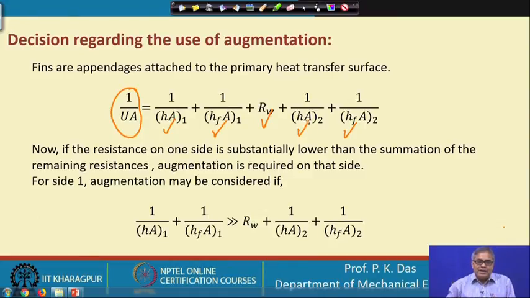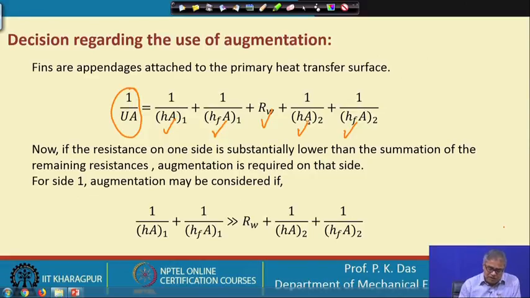Now, because it is very difficult to separate them, the resistance in the convection in a particular fluid and just beside it the resistance due to fouling in that particular fluid, we can club them together.